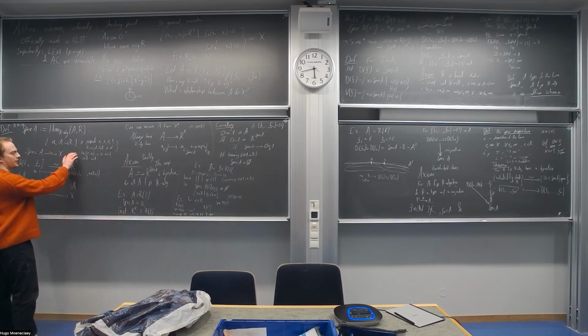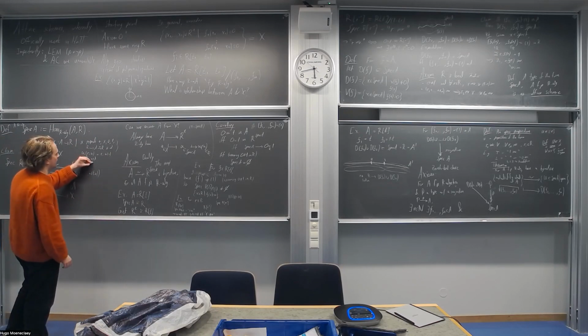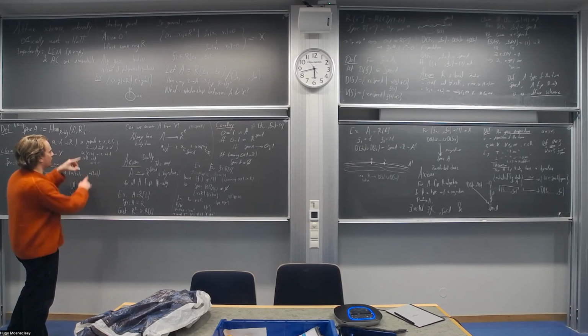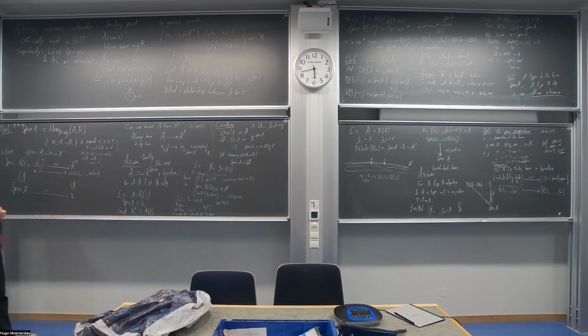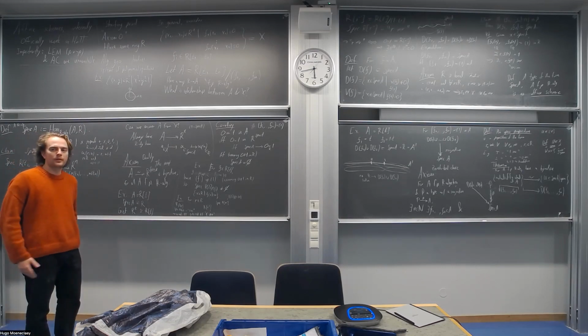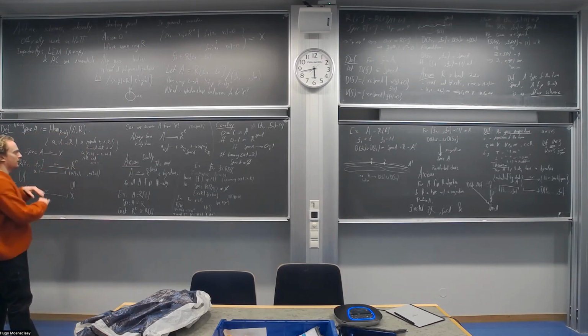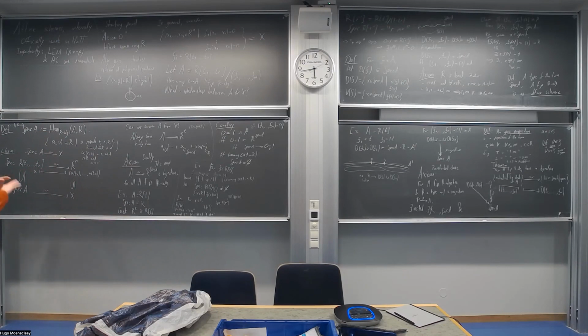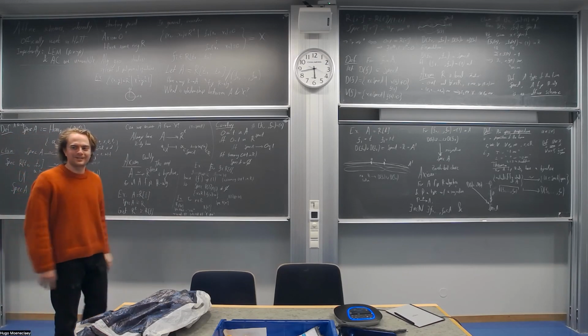You can pull the r outside, or equivalently alpha(r a) is r alpha(a), which is what I wrote. It's a kind of R-linearity, but it's because we're working not just with rings, but ring extensions of R. So you have to respect this structure. And if you don't respect this, then you get way too many homomorphisms.